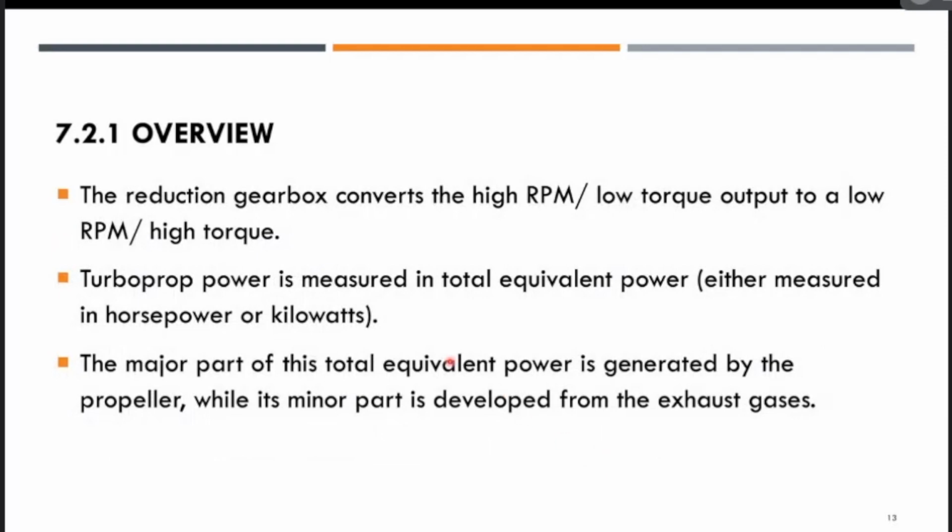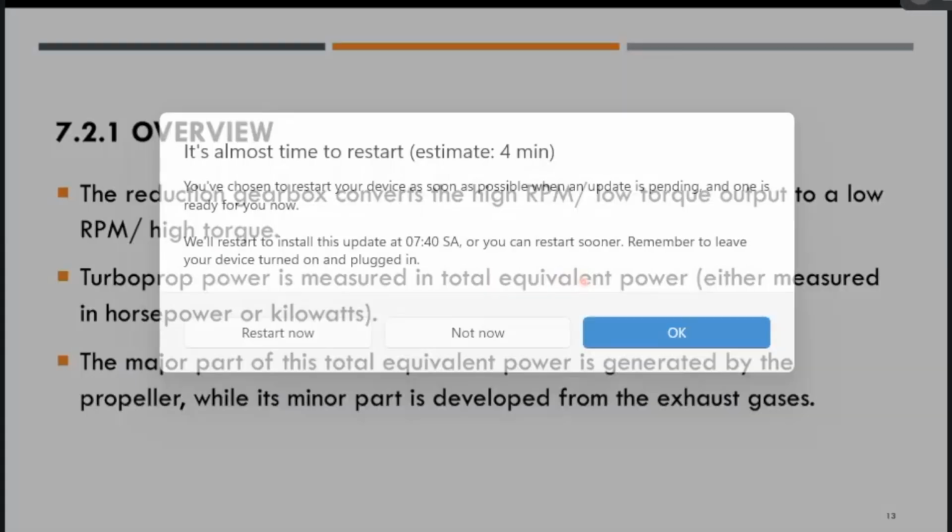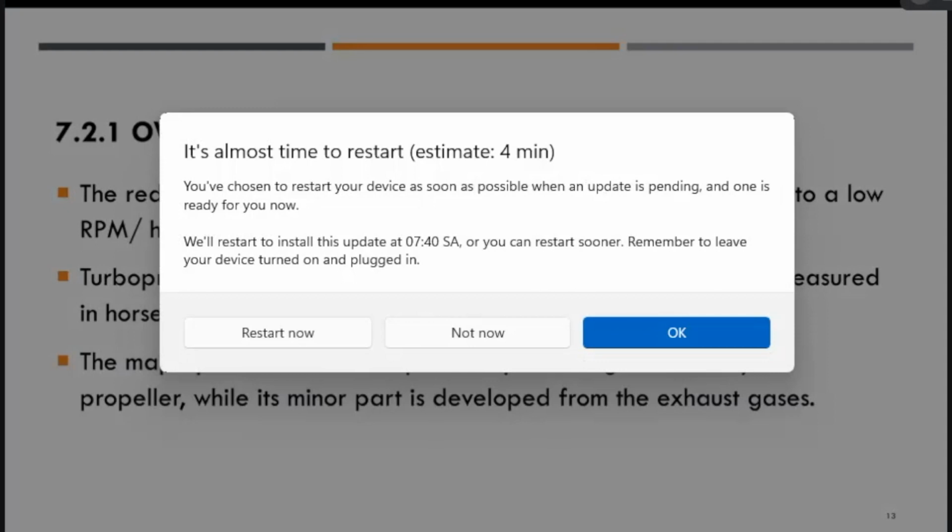The reduction gearbox converts a high RPM, low torque output to a low RPM, high torque output. The turboprop power is measured in terms of the total equivalent power, TEP, measured either in horsepower or kilowatts.